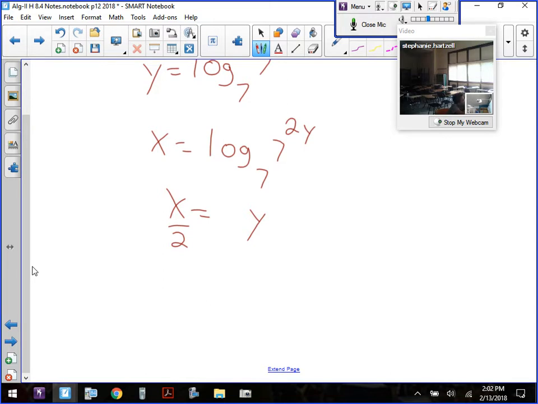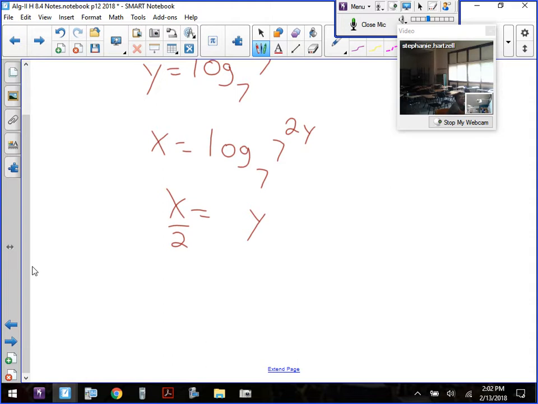Graphing. Whenever you're graphing, remember the trick, and we kind of alluded to this towards the very end of the period yesterday. The trick is that you only need to come up with one number on your own, and that number that you figure out on your own is what is the base that you're dealing with.